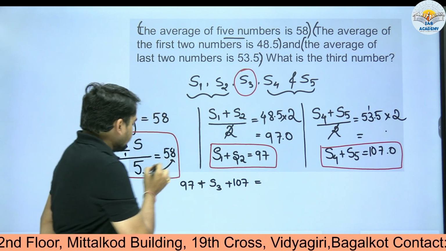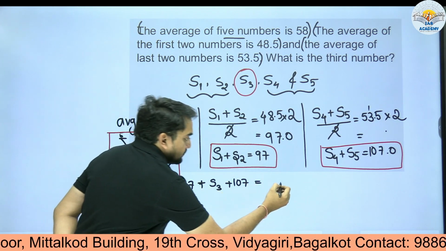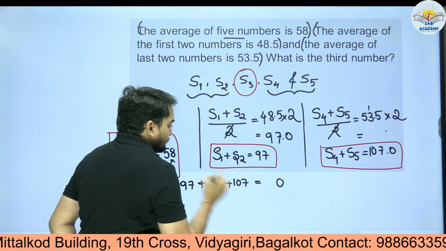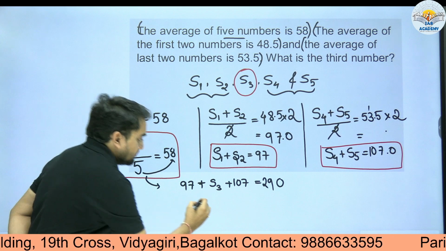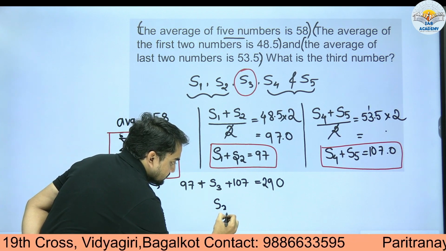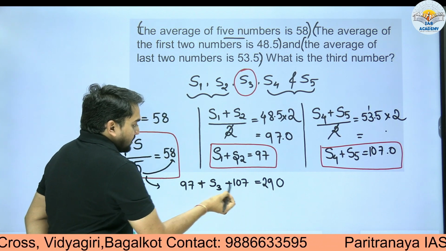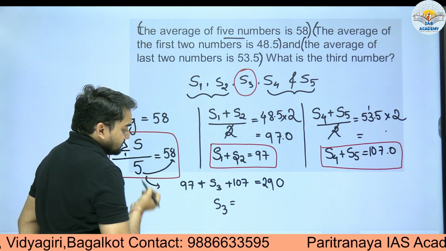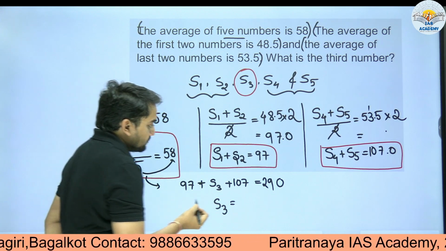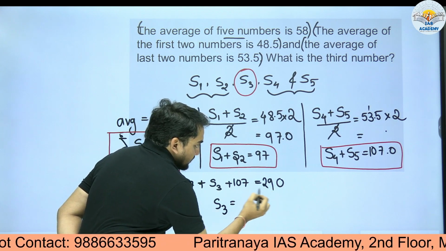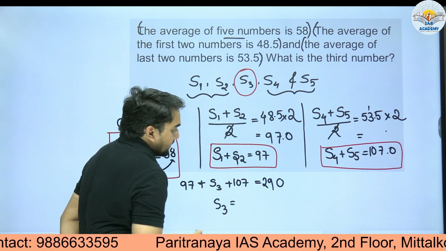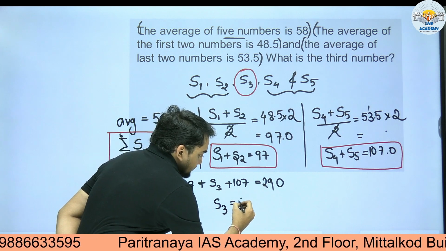So 58 into 5 is how much? Here we get 290. Fine. So S3 value is 107 plus 97, 204, minus this one, 204 minus 290, how much is it? It is 86.